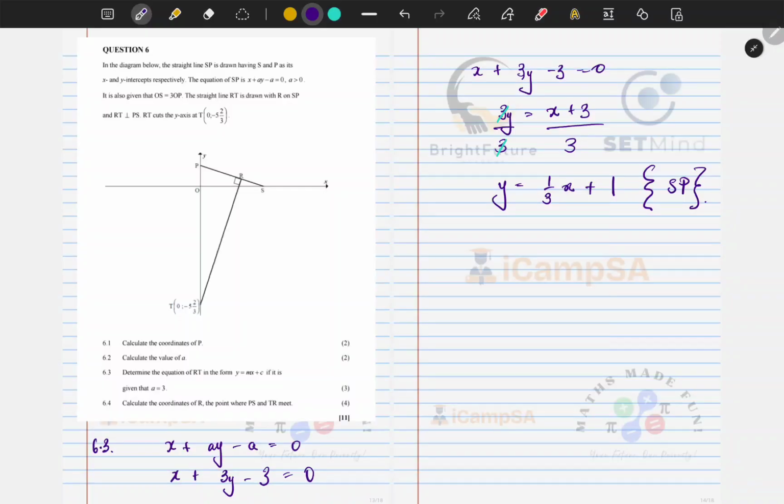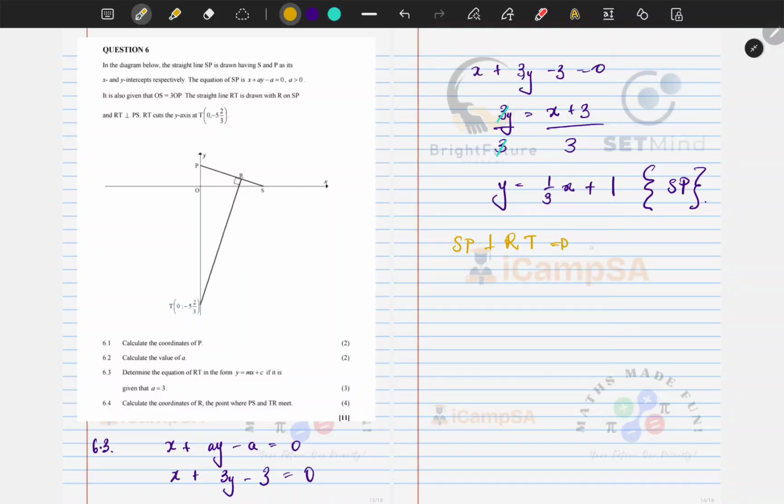Remember, what do we know about SP and RT? SP and RT are perpendicular to each other. So SP is perpendicular to RT. And what can we say about their gradients?